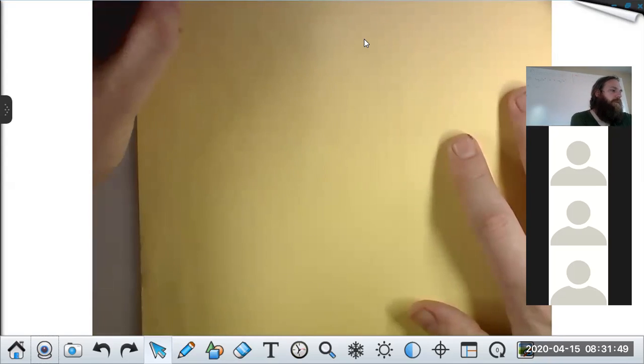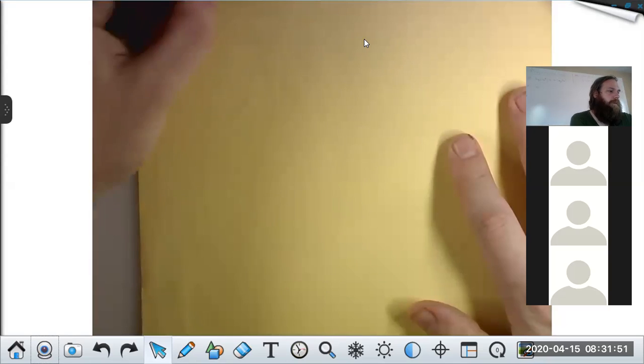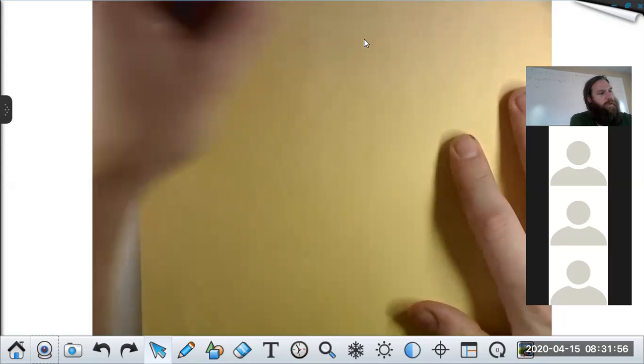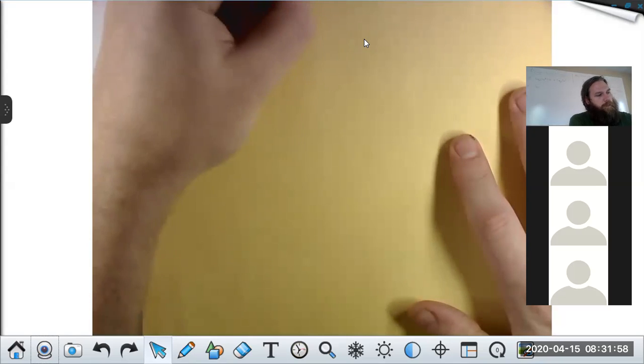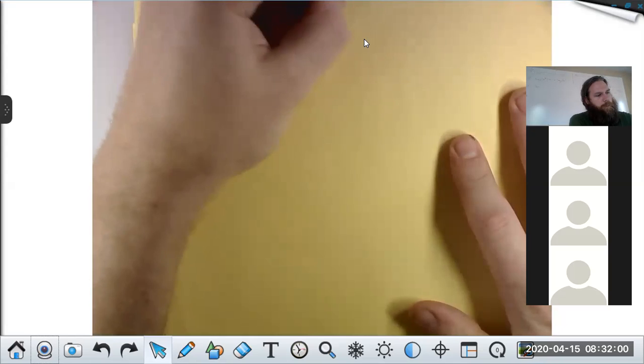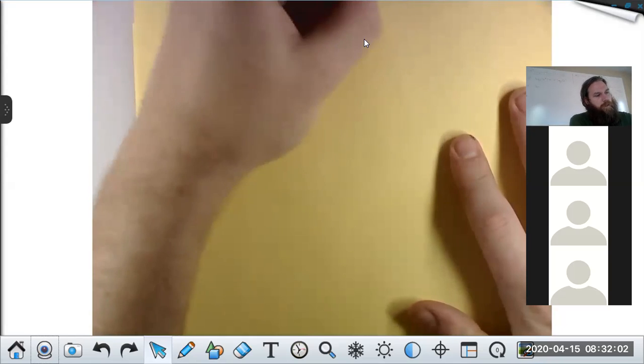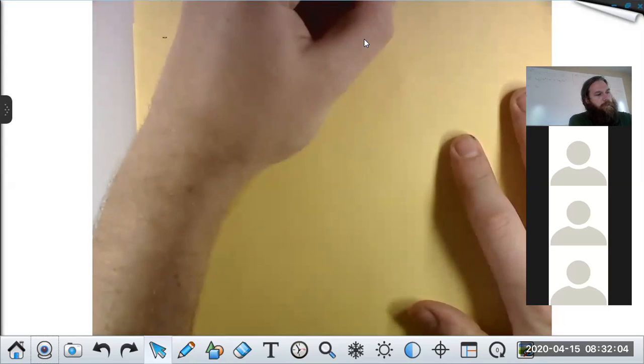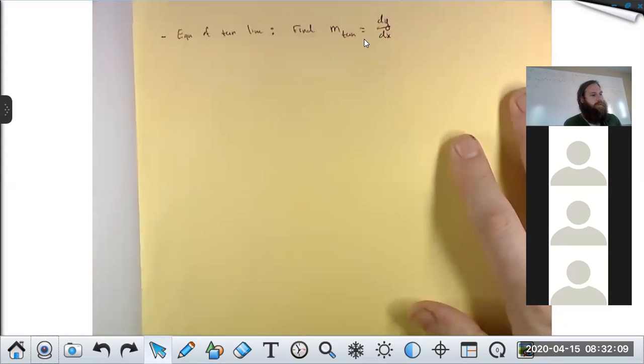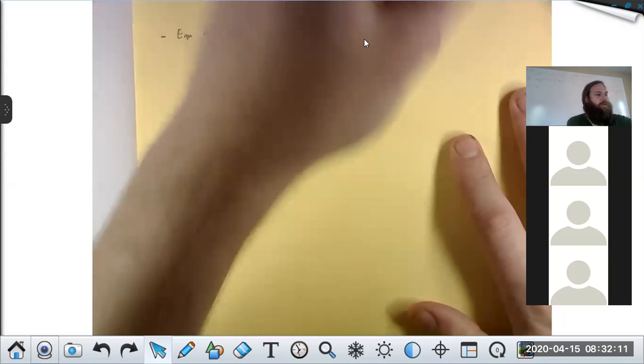To find the equation of a tangent line, you need to find the slope of the tangent line, which is going to come from dy/dx, evaluated somewhere, right?